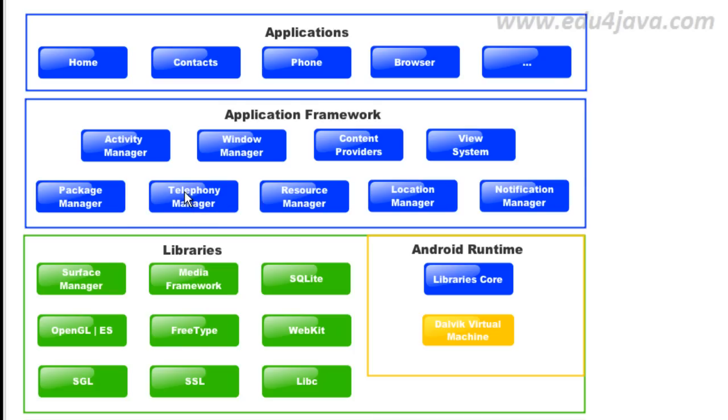Telephony manager is obviously for the phone, to make calls and SMS. Package manager, obvious. Resource manager. Location manager is the one that gives us the GPS location and all the API for these kinds of things. The content provider that we talked about.